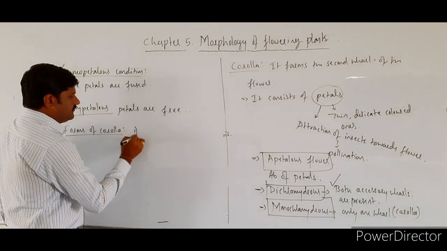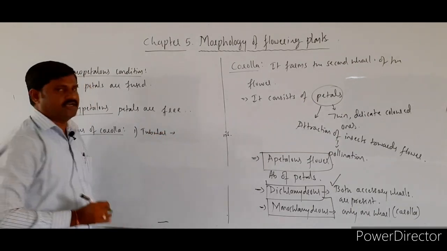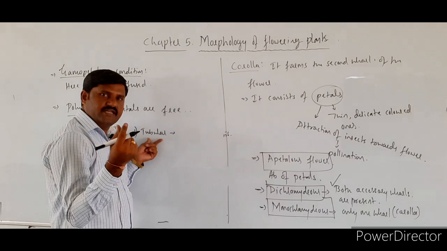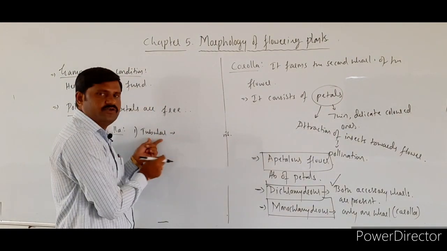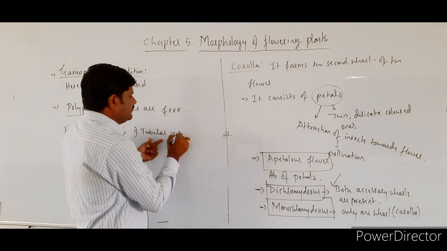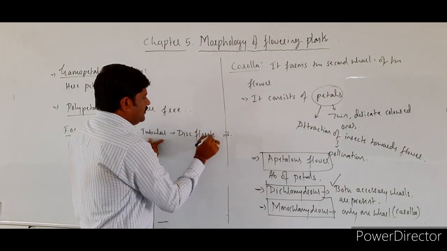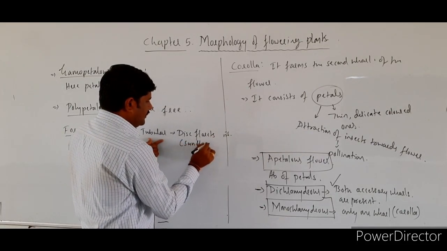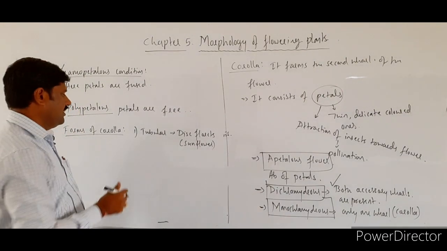Here, the first form is tubular. Tubular corolla that we come across. Usually the petals are fused so as to form a tube-like structure. That kind of tube-like structure is seen in disc florets of sunflower. In sunflower, disc florets have tubular corolla.